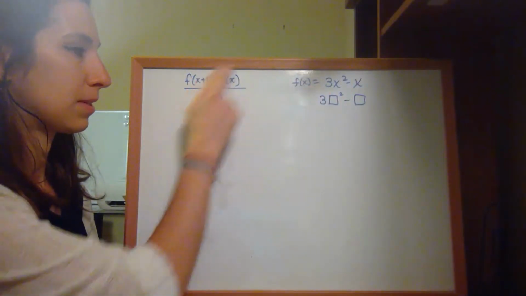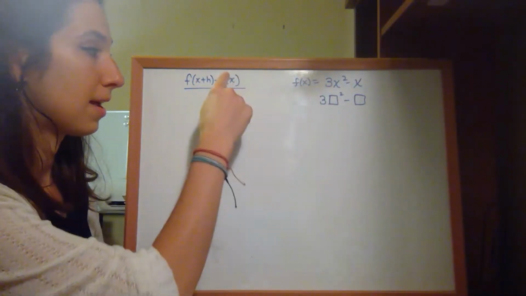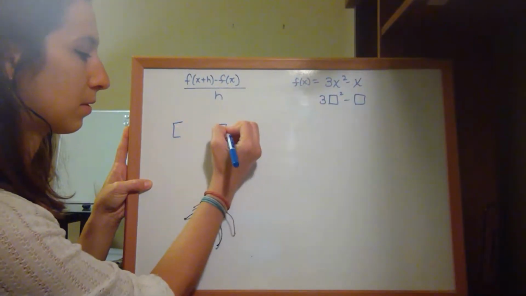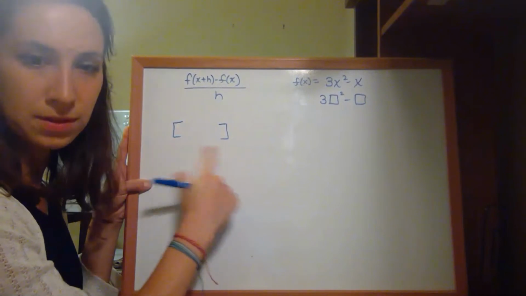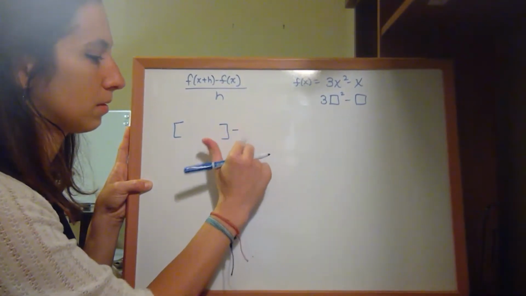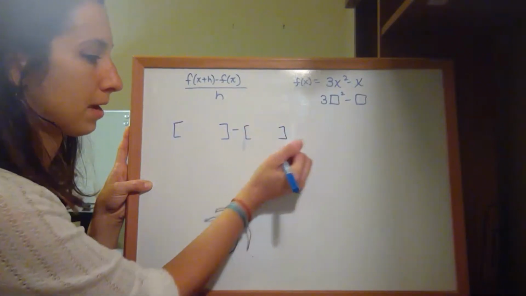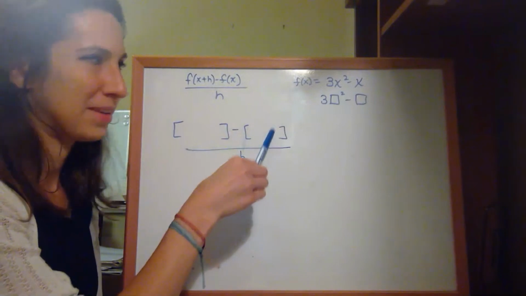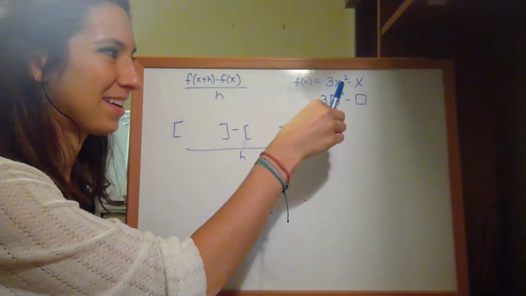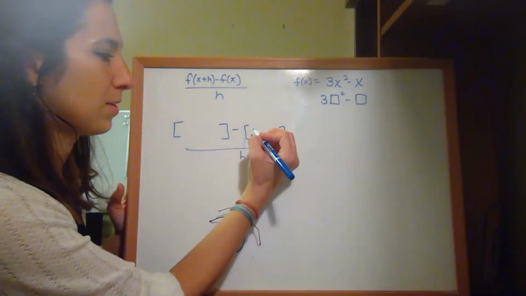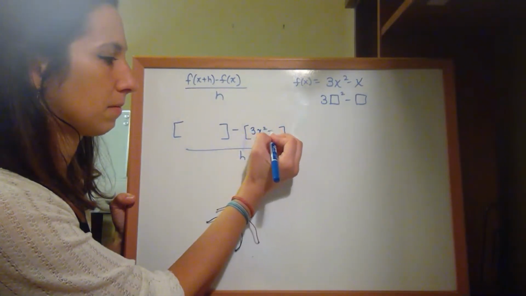We need to put in an x plus h, and then an x. I like to use brackets to keep it organized. This is going to be for the x plus h part, and this will be for the x part. Now this is always the easy part because you're putting x in place of the box. That's exactly what was there. So we can do that part first.